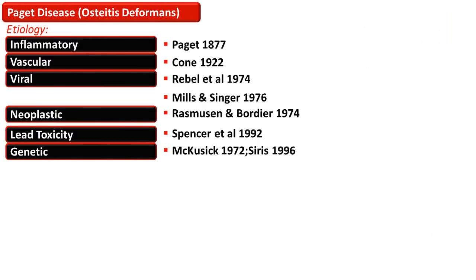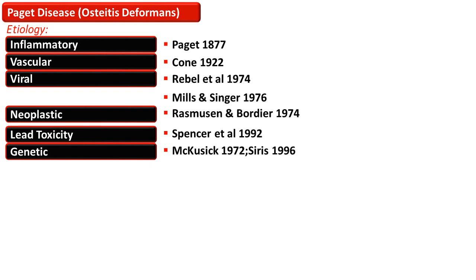Now, the etiology of Paget disease was very much mysterious since Paget identified this disease in 1887, and he labeled it as inflammatory. Then some scientists considered that it has a viral etiology. Some considered that it is a vascular lesion. Then some considered it a neoplastic lesion. It was attributed to lead toxicity in the late 1990s.